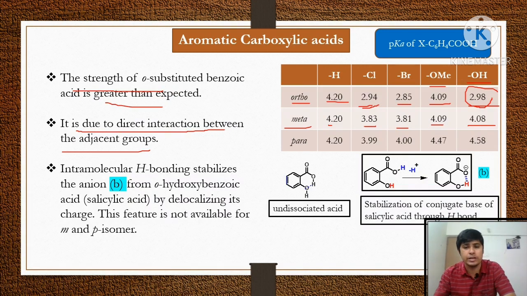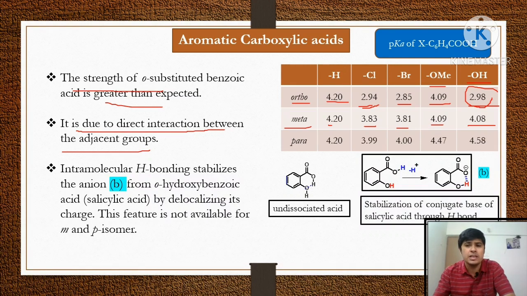So this is the undissociated acid, and this is the dissociation of salicylic acid, and after donation of proton there is formation of conjugate base, and that will be stabilized through intramolecular hydrogen bonding.